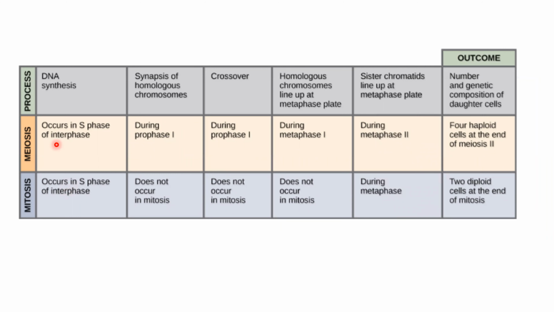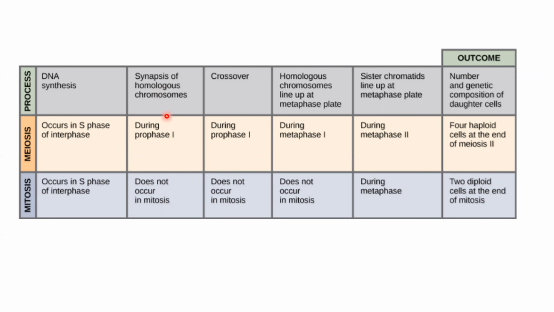Right, so DNA synthesis occurs in the S phase, in meiosis and mitosis the same. Those are different processes and where they occur in meiosis and mitosis. Synapsis of homologous chromosomes occurs during prophase 1 and doesn't occur in mitosis, right?